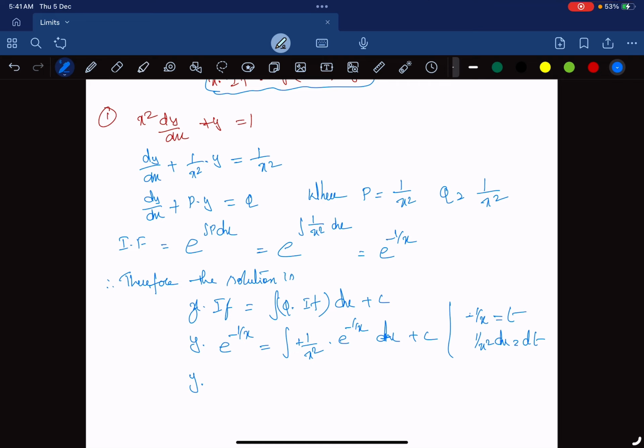So y into e power minus 1 by x is equal to the integral of e power t dt plus c, which is e power minus 1 by x plus c.